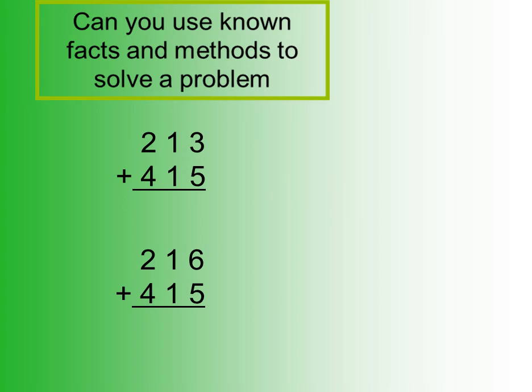Pause the video if you'd like to have a go before I give you the answers. Okay, the correct answers are, for the top one, 628, and for the bottom one, 631. Well done.